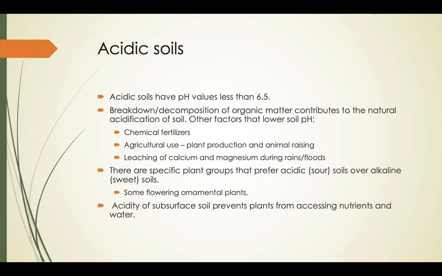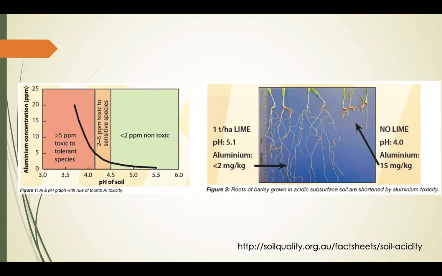Let's take a look at how soil pH will influence healthy plant growth. Let's take a look at this picture here. Figure 1 shows us the relationship between aluminum concentration and the pH of the soil. You expect that acidic soils will allow aluminum concentrations to accumulate at up to more than 5 ppm, which is already very toxic even to aluminum tolerant species.